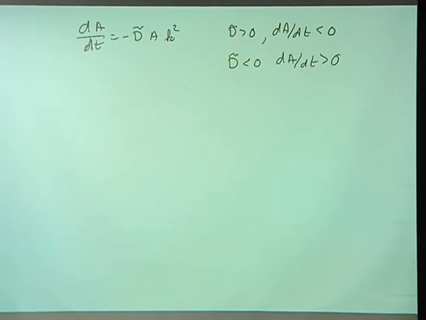And it's even worse than that, because you can see that dA/dt goes to infinity as k goes to infinity for D less than 0. And so the smaller the wavelength, the bigger the wave number, the faster the amplification rate. Okay?